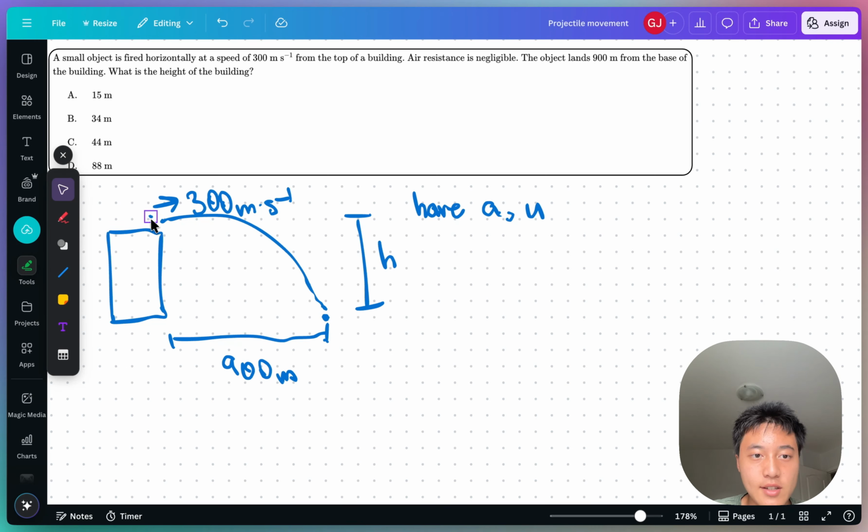Because if the horizontal component of velocity is 300 meters per second and it lands 900 meters away from it, intuitively thinking it would take 3 seconds.